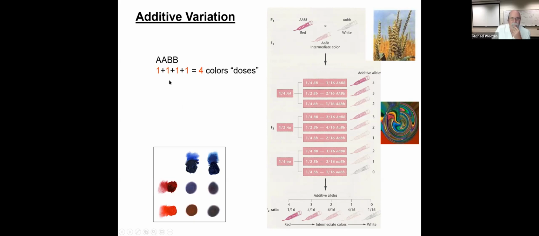If we think about that, if we give one dose of color to big A, it doesn't matter whether it's big A or big B, if you're the dominant form, you get a dose of color. This individual that got this genotype would get a dose from this big A, a dose from this big A, a dose from this big B there. You get 4 doses of color, right? Okay.